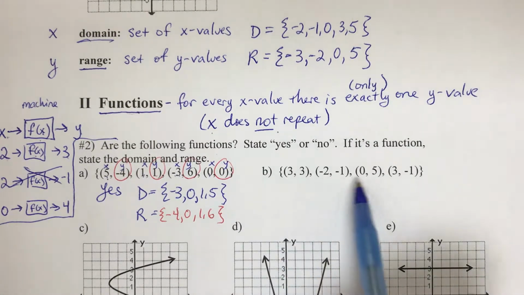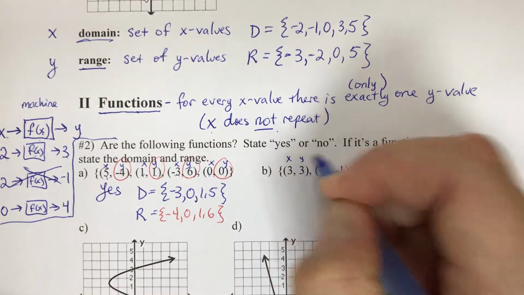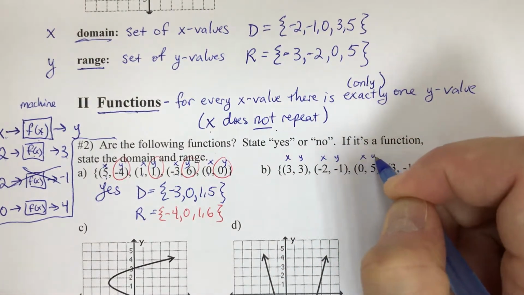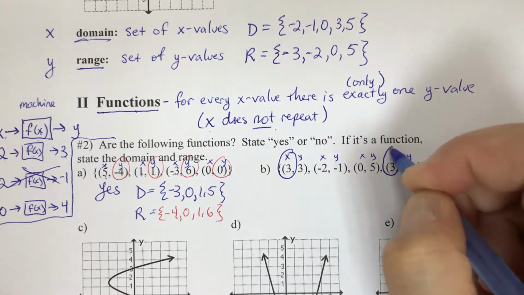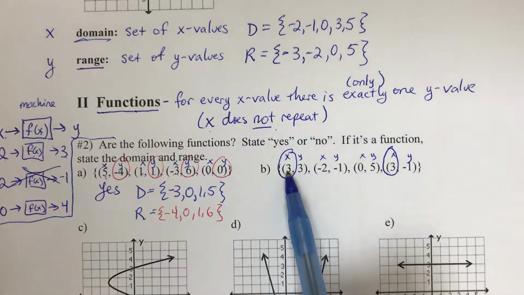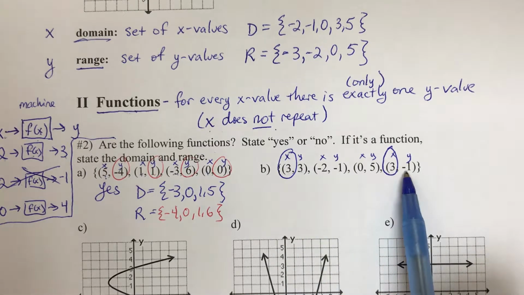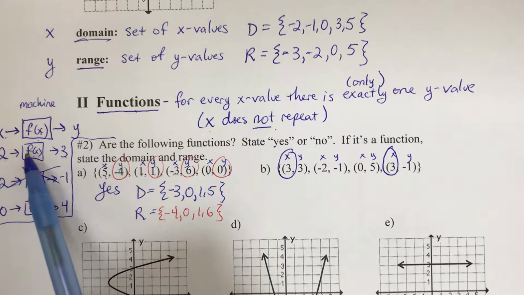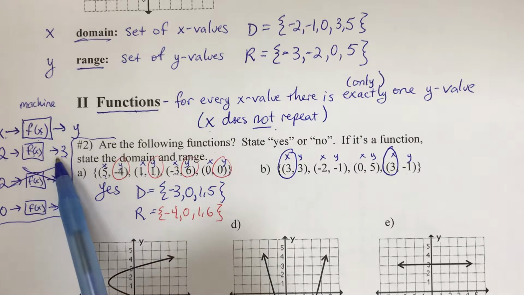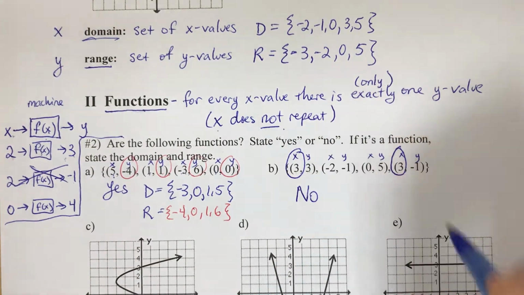All right, let's look at B. Look at this set of ordered pairs. x y, x y, x y, x y. Well, we have a problem. Notice that when x is 3, the y is 3 here, but when x is 3, the y is something different. How can I put the same number into the function but get out different values? Okay, so no, that is not a function.